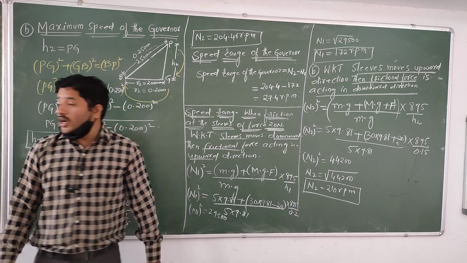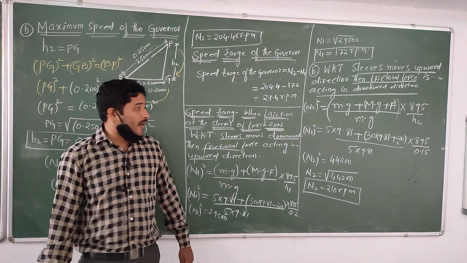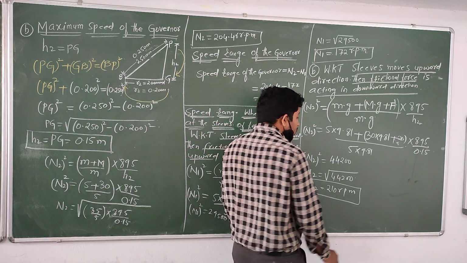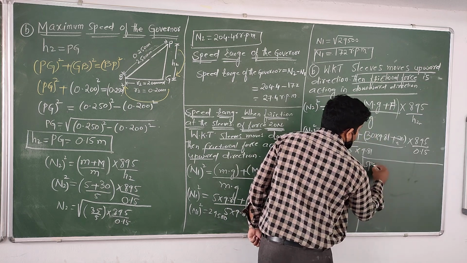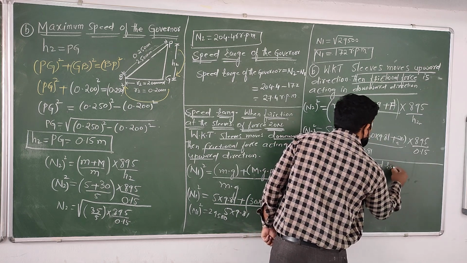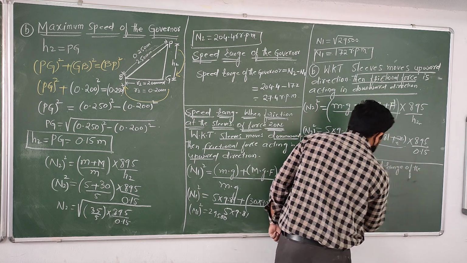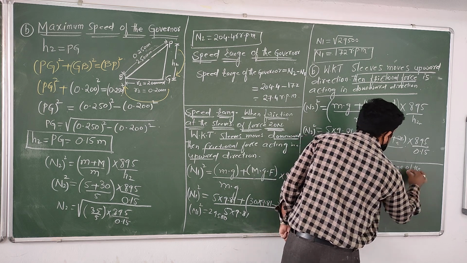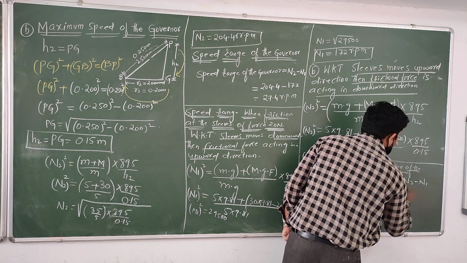Again, we need to find out the speed range of the governor. If you want to find out the speed range of the governor, just you need to subtract this value. Speed range of the governor, okay dear, equal to N2 minus N1.